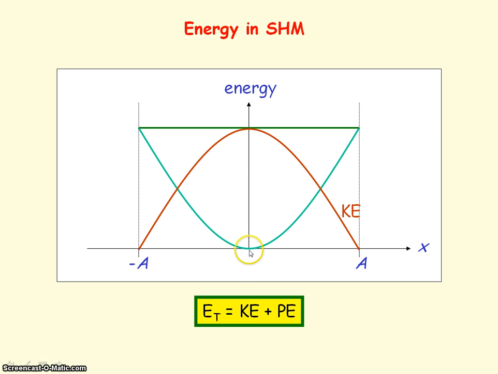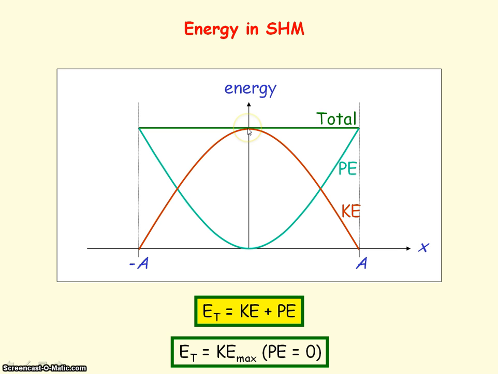For the blue line, you can see it's zero when displacement is zero, but it's maximum when displacement is maximum, so that represents our potential energy. And at any displacement, if we were to add our kinetic energy with our potential energy, we'll get our total energy, which is represented by the green line. So you can see that when the potential energy is zero, kinetic energy is maximum and is equal to our total energy.